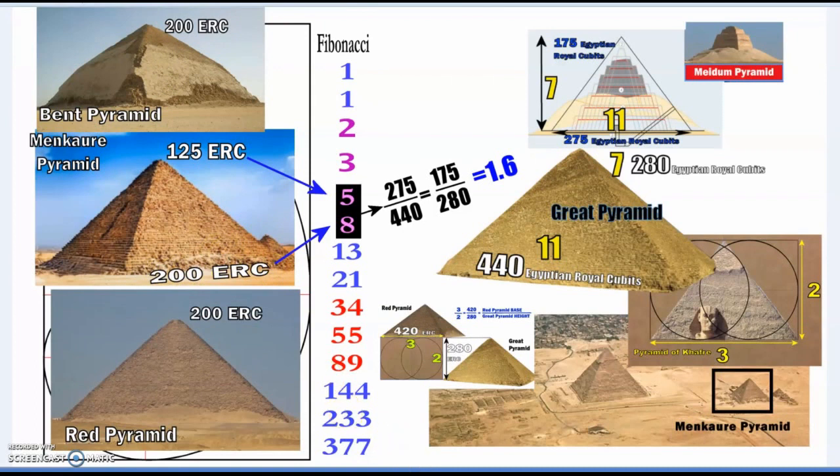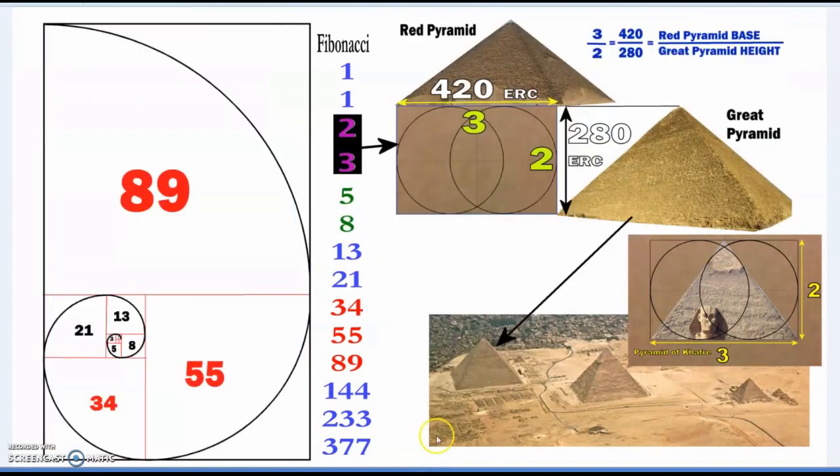But in terms of height, if the Bent Pyramid at 200 is 8, then the height of the Menkaura Pyramid is 5. The height of the Red Pyramid, 200, is therefore also at a 5 to 8 ratio with regard to the height of the Menkaura Pyramid.